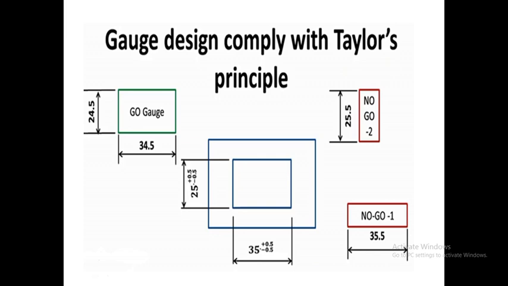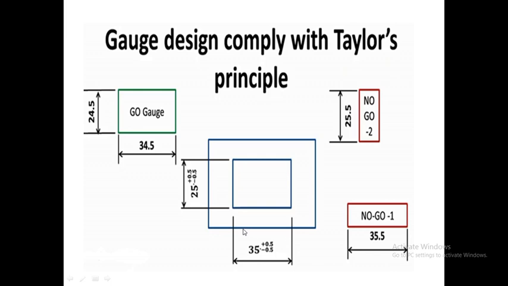Now according to Taylor's principle, while designing the GO gauge, we will design it in such a way that a single gauge will check both the dimensions, that is the length as well as the height, in a single pass. But for no go, we have to design two gauges, because no go gauge will check only one element of the dimension at a time.